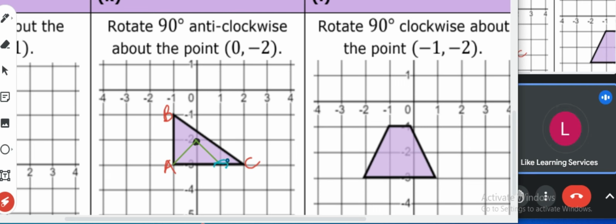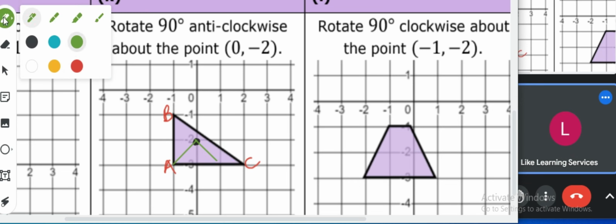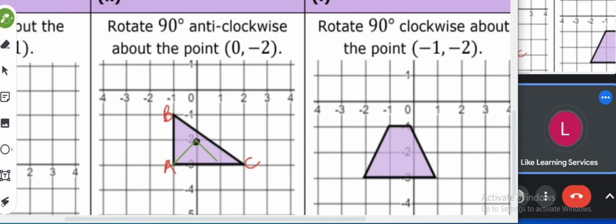All right. So use a different color, maybe a blue marker now, to get your new B. You've drawn the line to B from the center of rotation, 0 minus 2, to B. Then you turn anti-clockwise by 90 degrees.